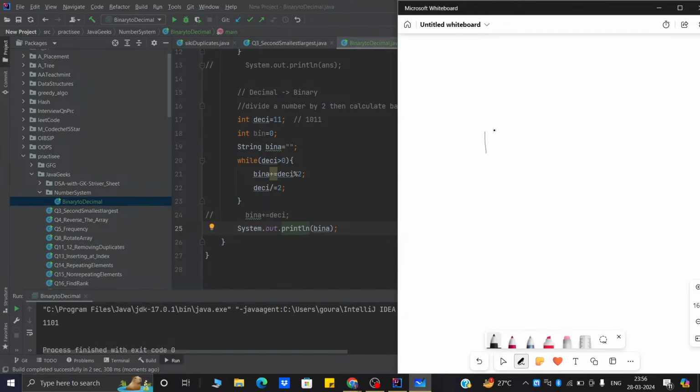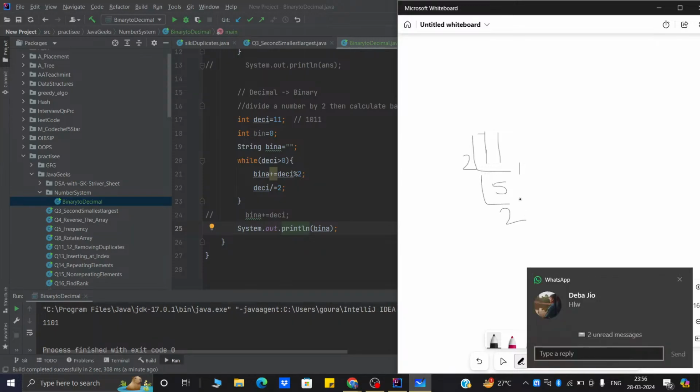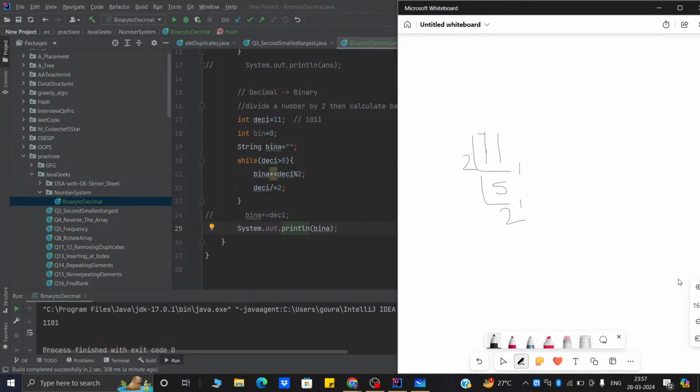This is 17 or 11, so this is 5, this is 2, this is 1, and this is 0, and this is 1.